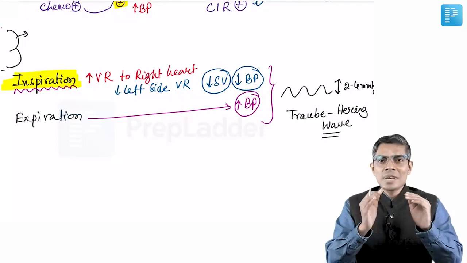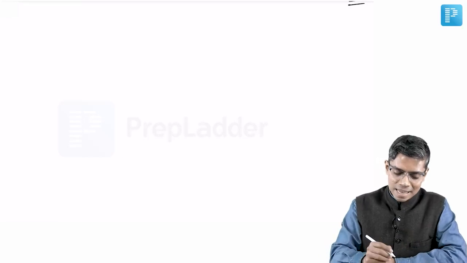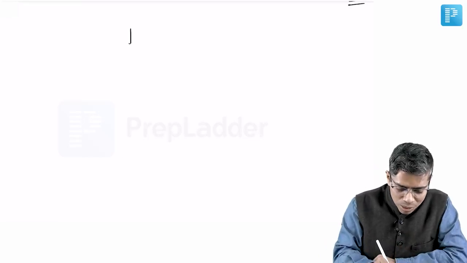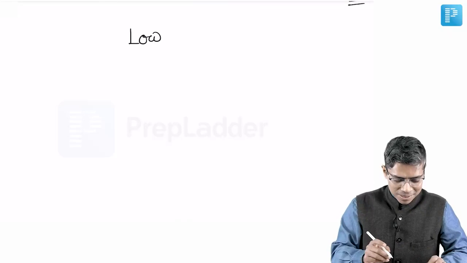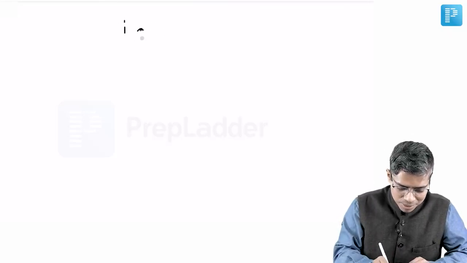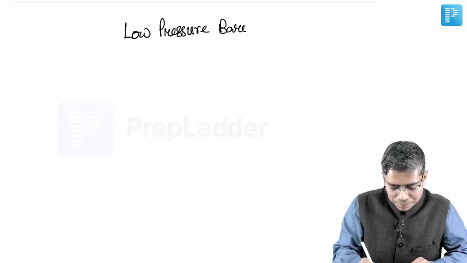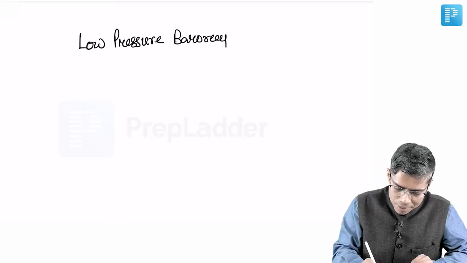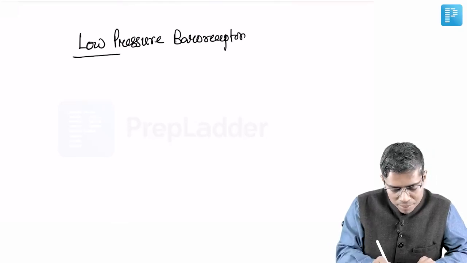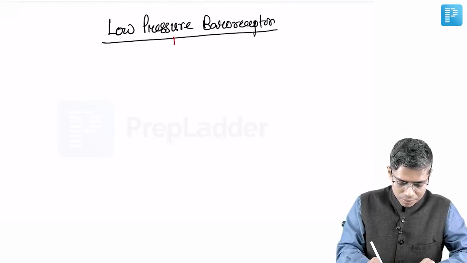Now we have to discuss, apart from this baroreceptor, another thing that is known as low pressure baroreceptor. Okay, so this is the last topic in this chapter. Low pressure baroreceptor, they are located in 3 locations.